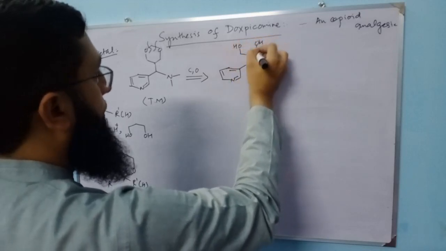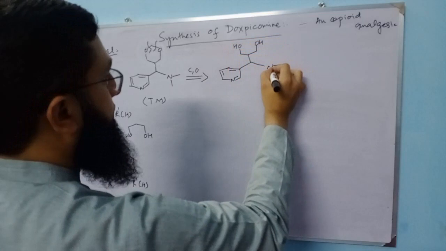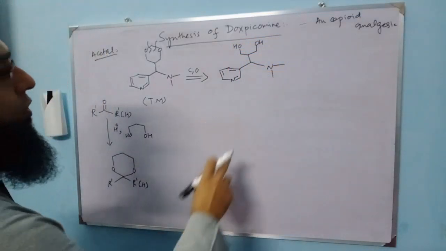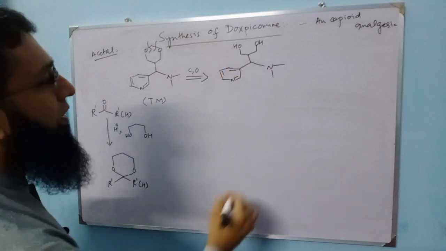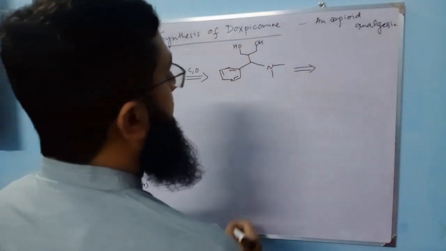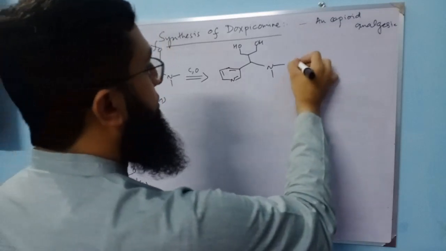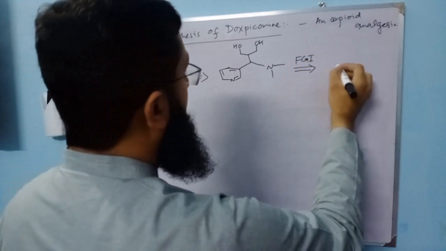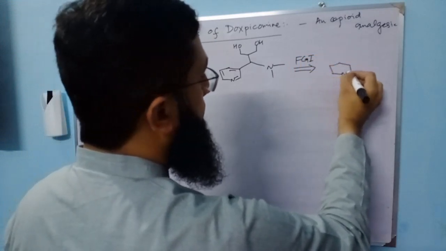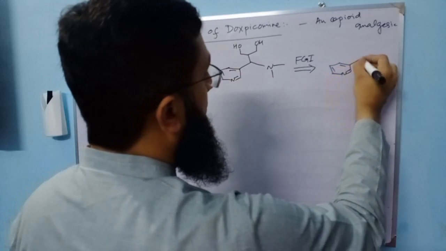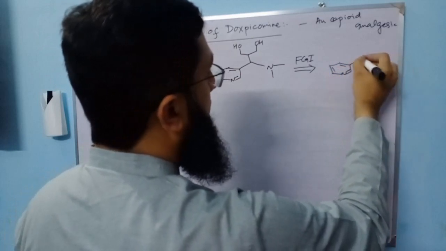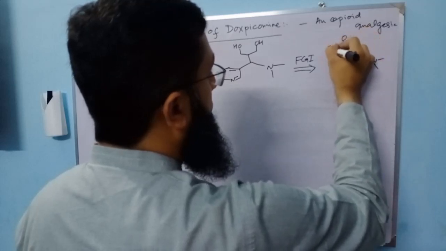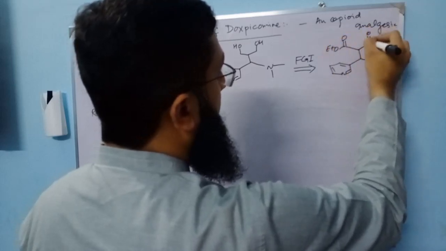the corresponding diol, and now we have to see how we can get this diol. One way to get this diol is through functional group interconversion from this molecule, this ester.